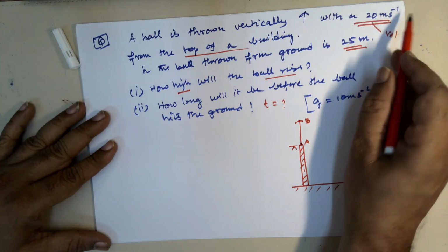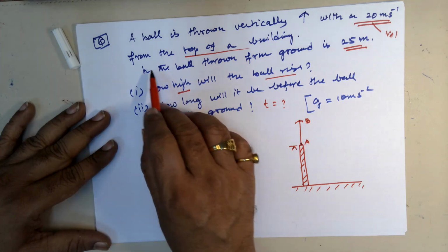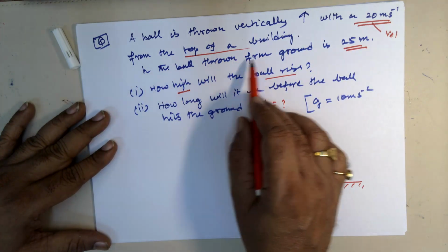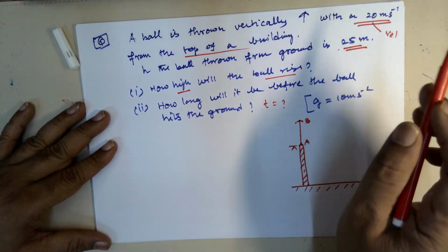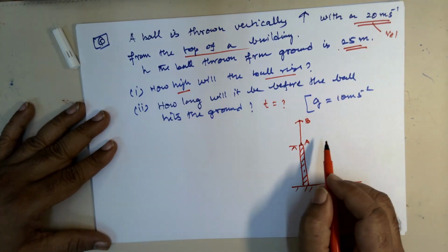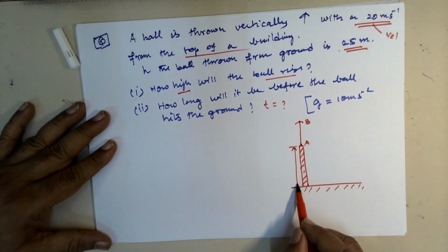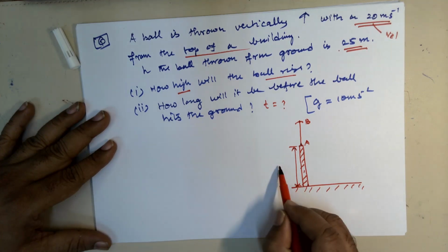With the 20 meter per second, from the top of the building, H, that ball thrown from ground is 25 meter. So you have to be very careful. It means the height of the building is 25 meter.